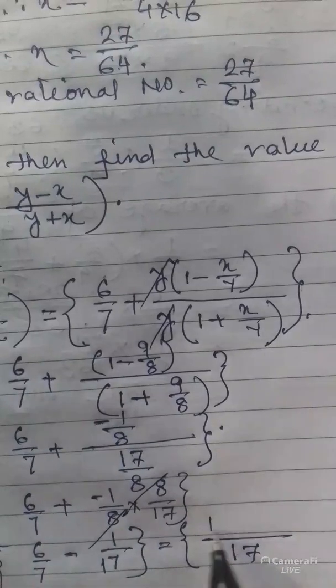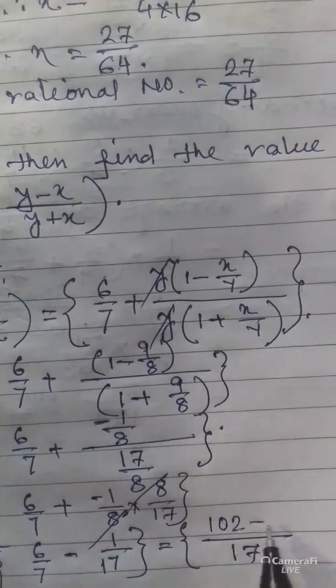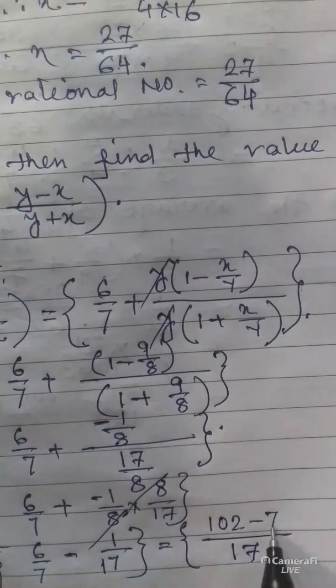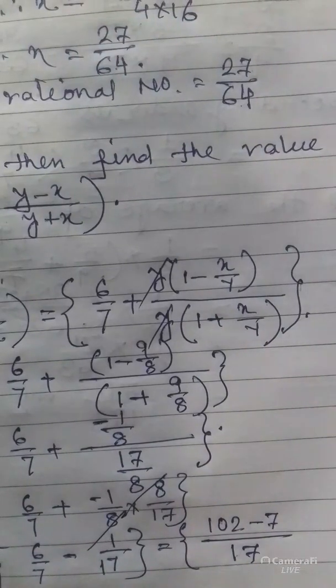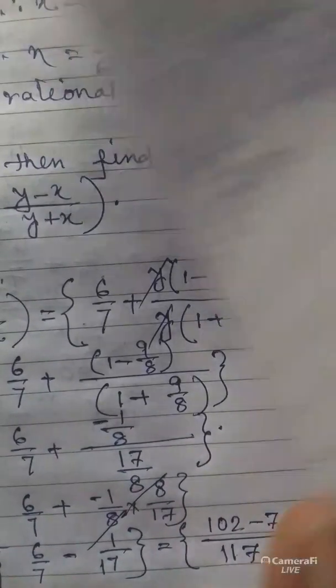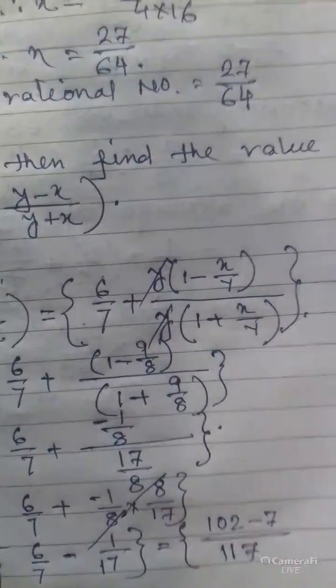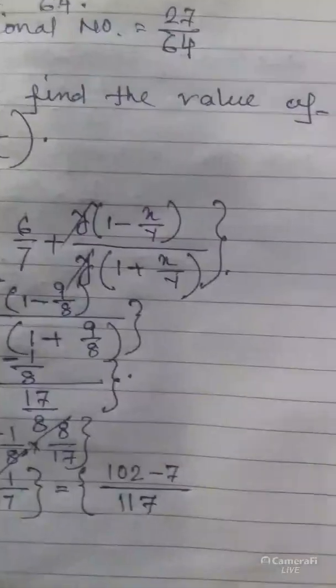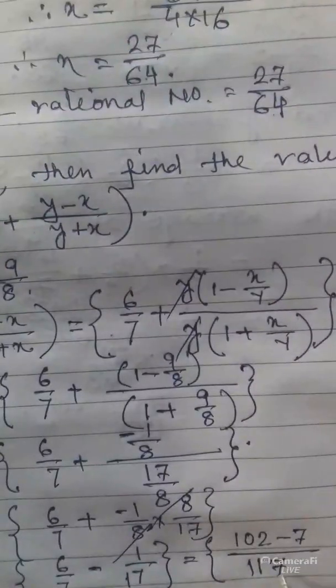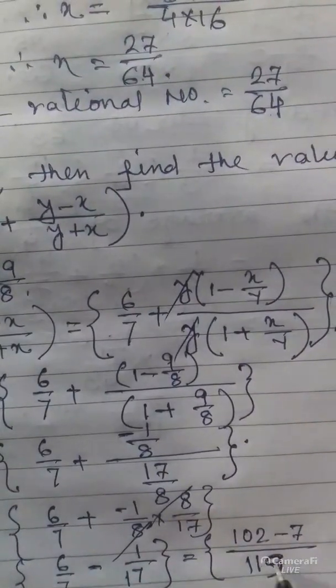6 times 17 is 102, minus 7. LCM of 7 and 17 is 119.